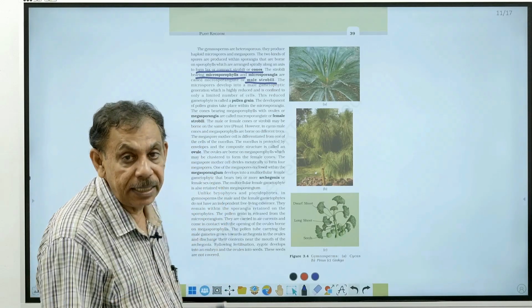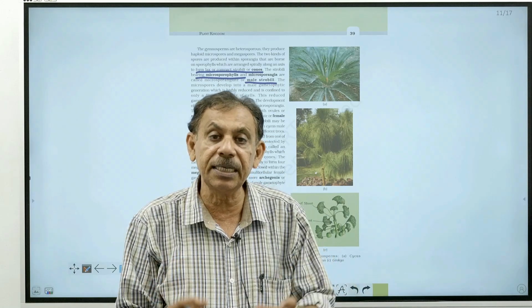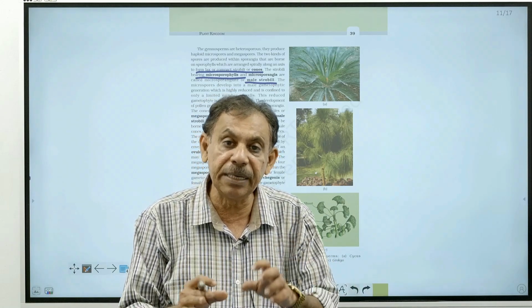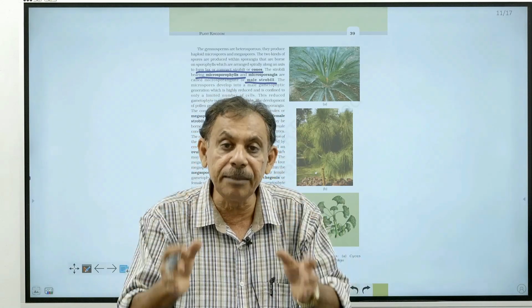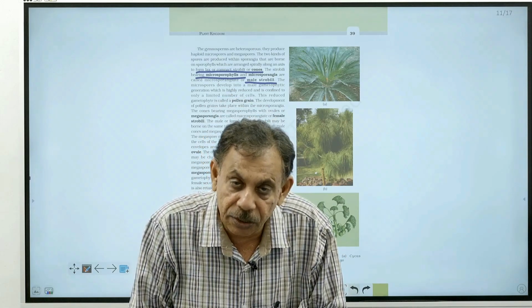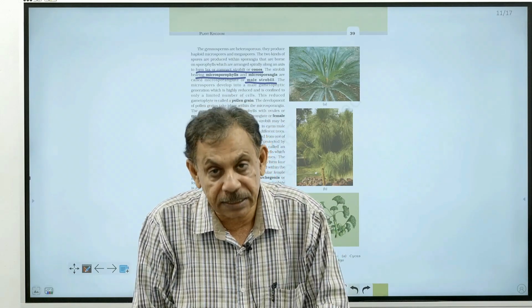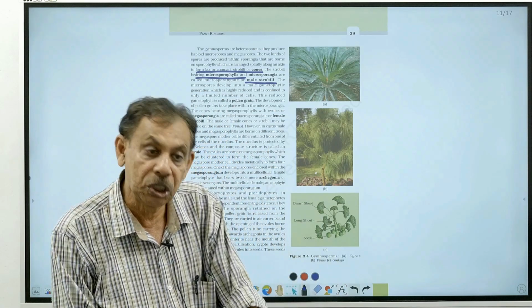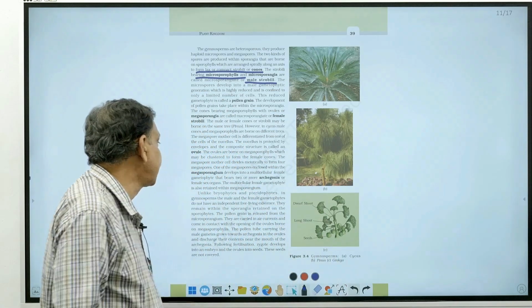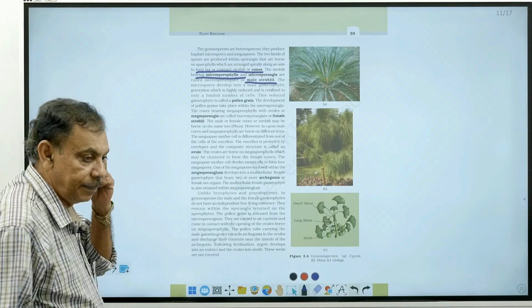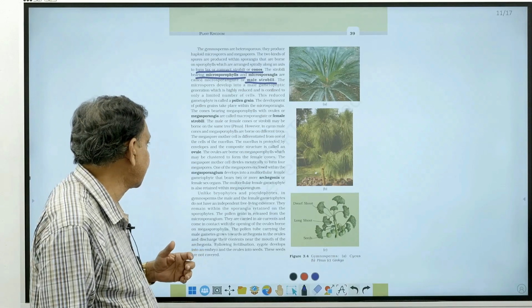Whereas in Pinus, Cedrus, in all these cases, both male and female cones are present on the same mother plant. The condition is called monoecious, bisexual. Cycas is unisexual.